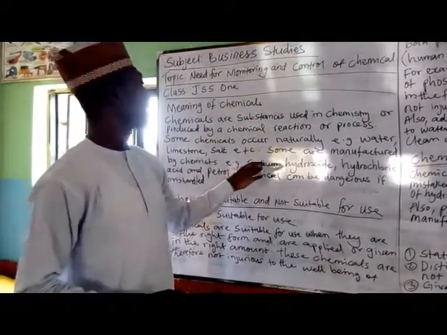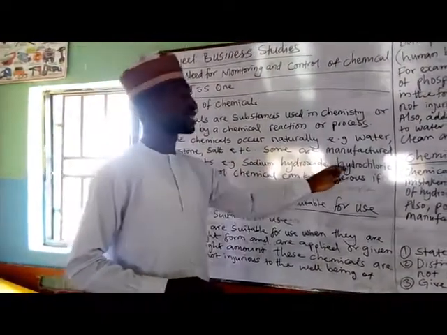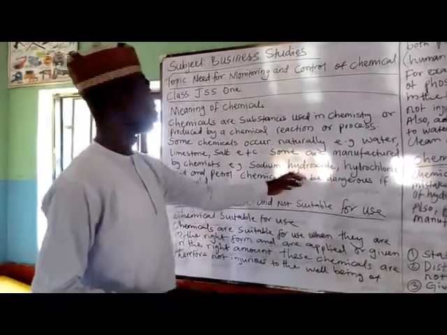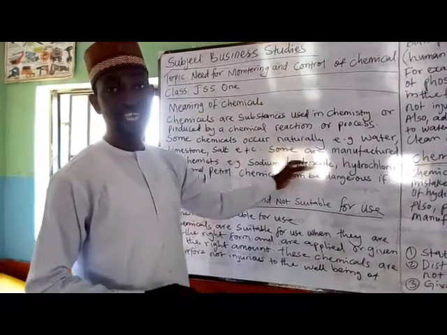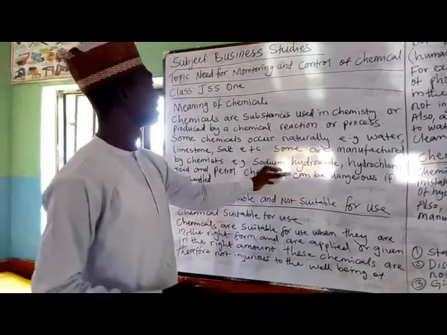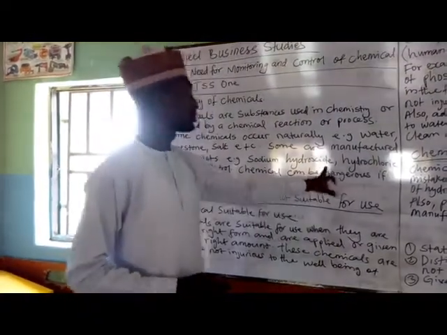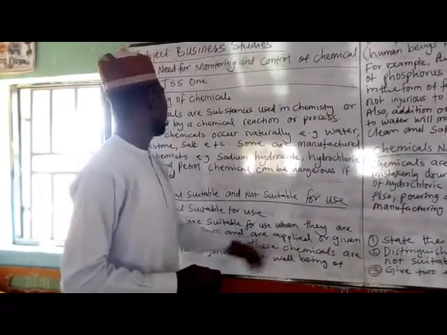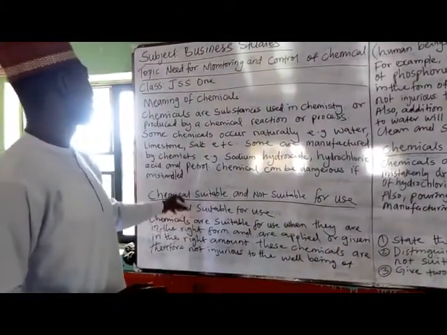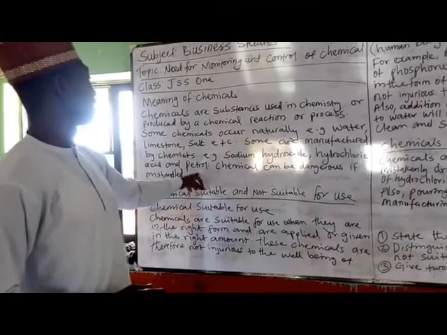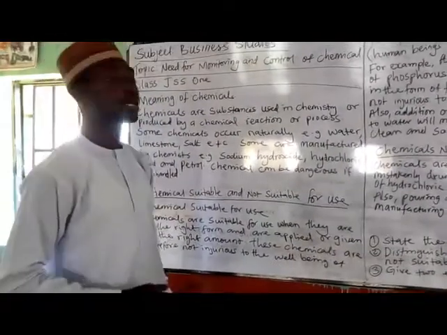And these are some of the examples of chemicals that are produced by chemists in the lab. One is sodium hydroxide. Two is hydrochloric acid. And the third one is petrol.